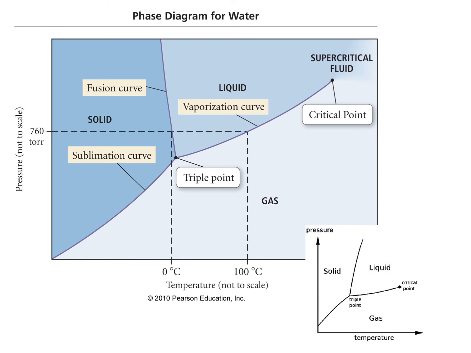How does the slope of the fusion curve compare between most substances and water? Hopefully you notice that for most common substances, the slope is positive, whereas the slope is negative in the case of water.